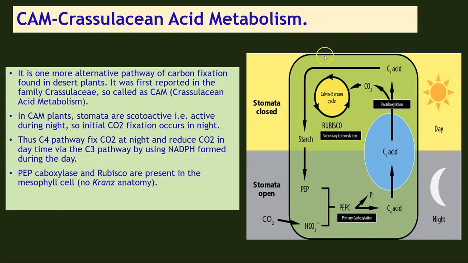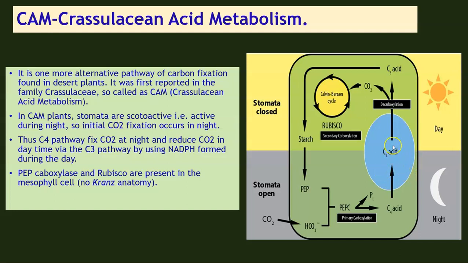See, have a look at this diagram here. You can see that during night time, when the stomata are open, carbon dioxide is taken in, and it is converted into the 4-carbon acid, that is your oxaloacetic acid, and then during the dark time itself, we have formation of malic acid, which is called acidification or phase 1.